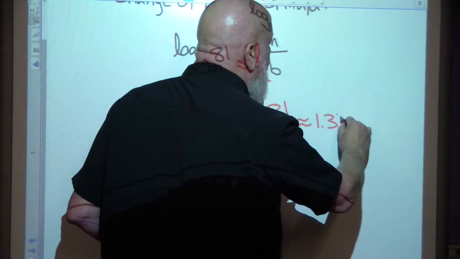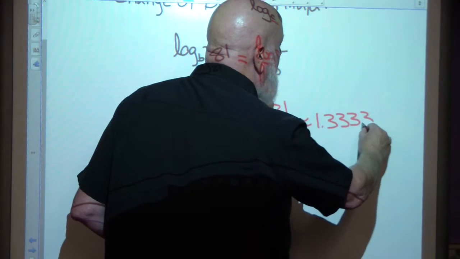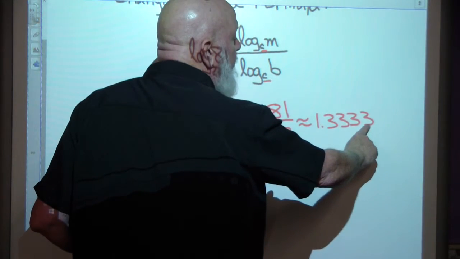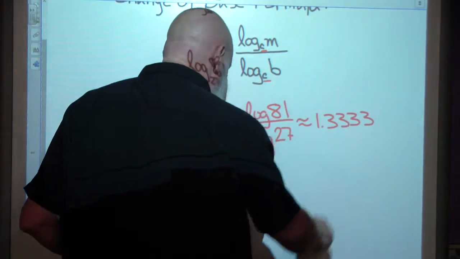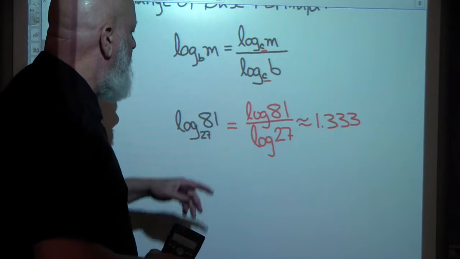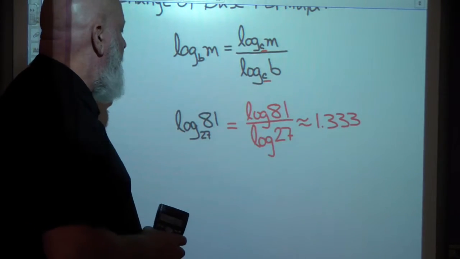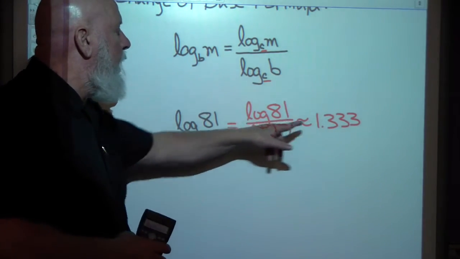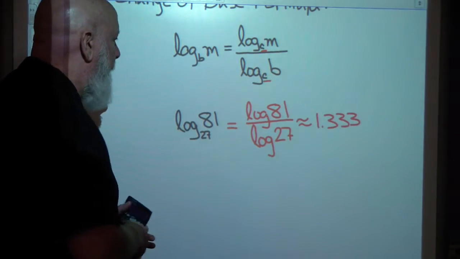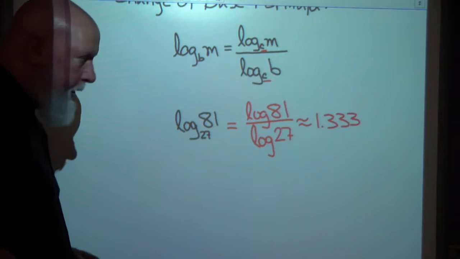I'm going to round it to the third place. So I look at the fourth place, I see that it is not 5 or greater, so I'm not going to round that up. And that's approximately the value that I would raise 27 to. If I raise 27 to the 1.333 power, I'll get really close to 81, okay? So, yay.